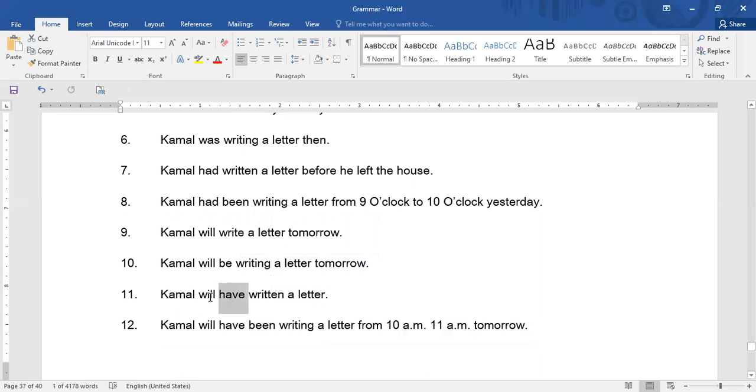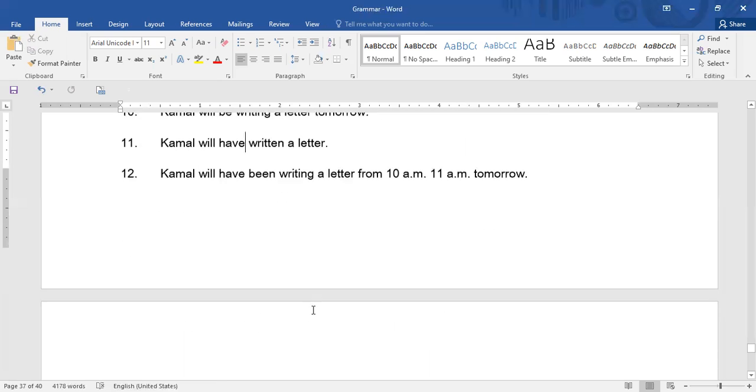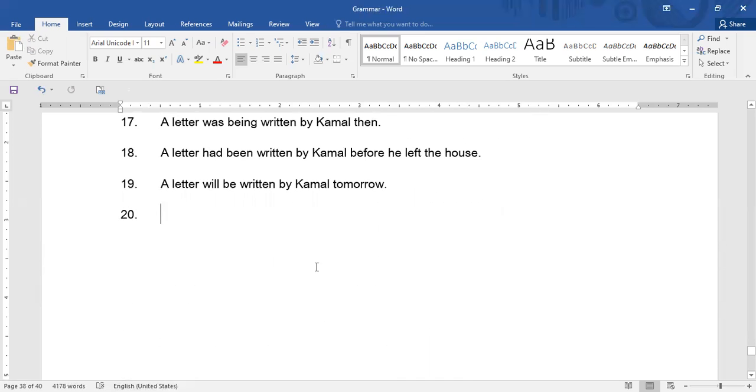No, a letter will have... perfect. Kamal will have written a letter. A letter will have been written by Kamal. Been should be there if it's perfect.